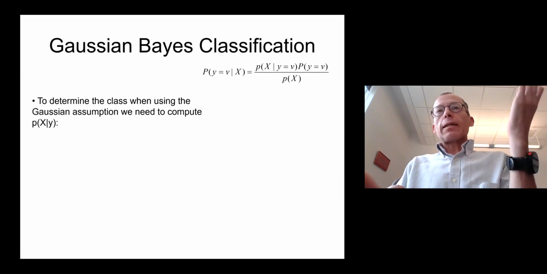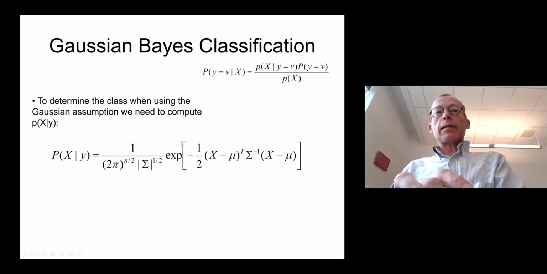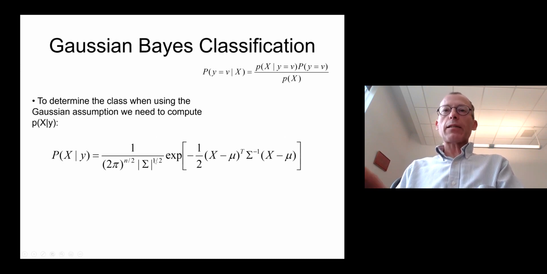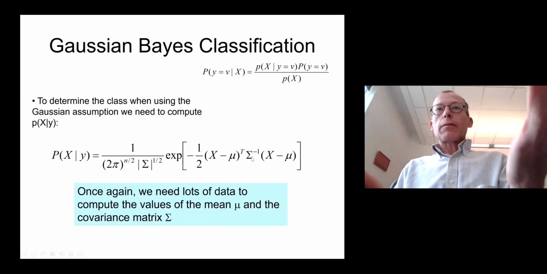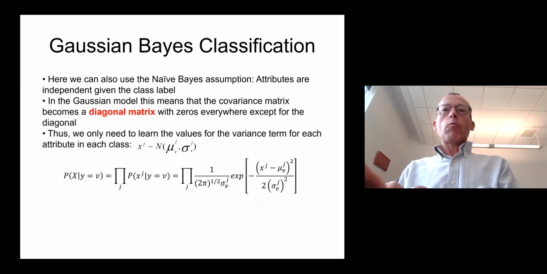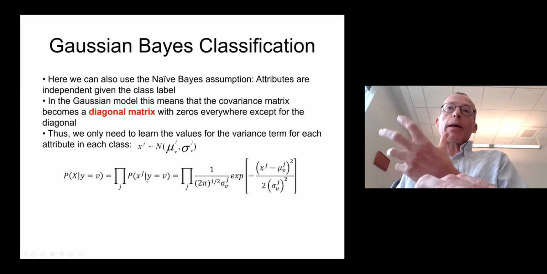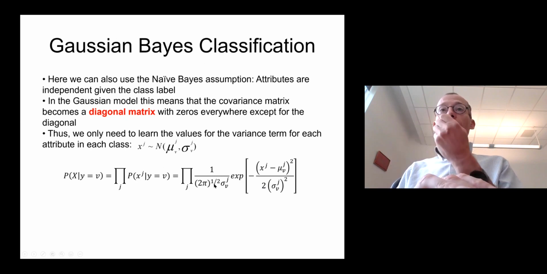And then we can use the same assumption as naive Bayes, right? So the probability of X given Y is just the regular Gaussian, where this is the covariance matrix. But if we want to use the naive Bayes assumption, we can just take it as a product of X given Y, and this becomes a product of the Gaussian probability for each feature for each class.